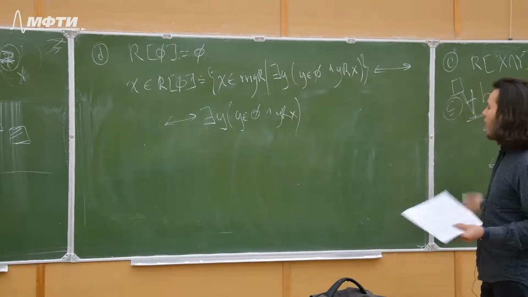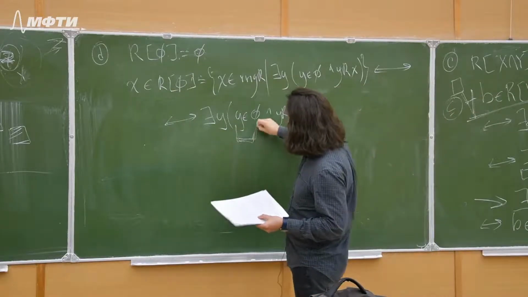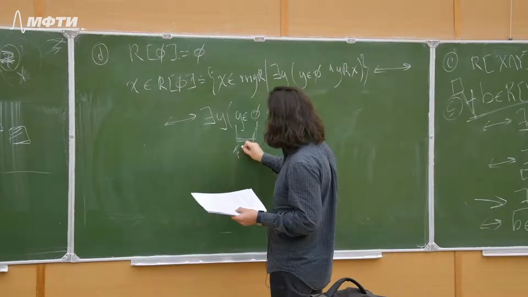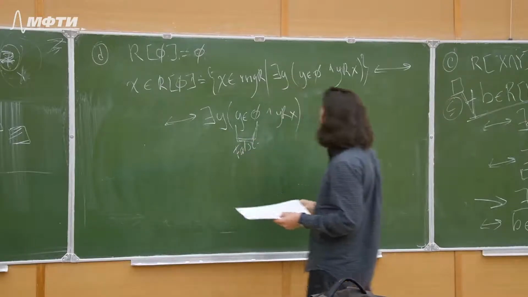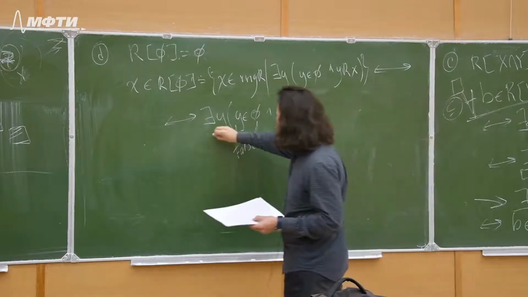Okay, and what can we see here? We can see that if we say that Y is in the empty set, this is false, right? And since we're assuming that this is true, then all this is false.